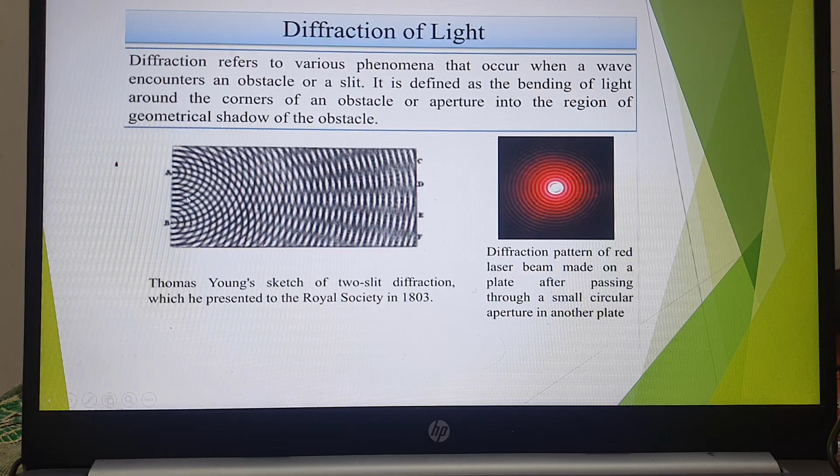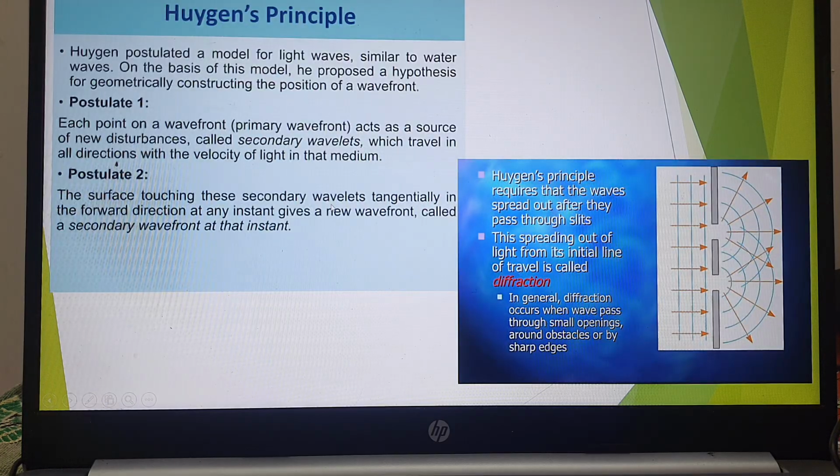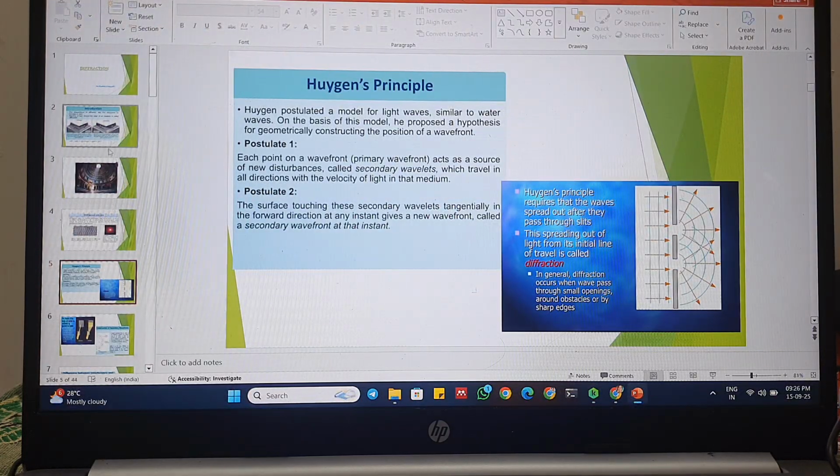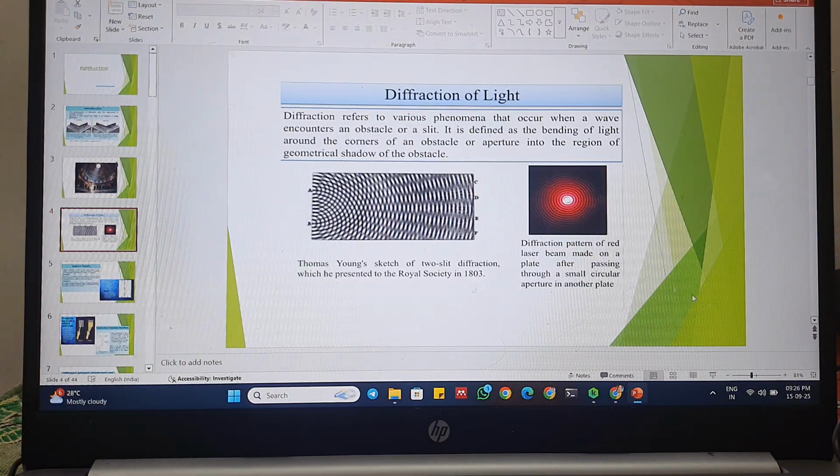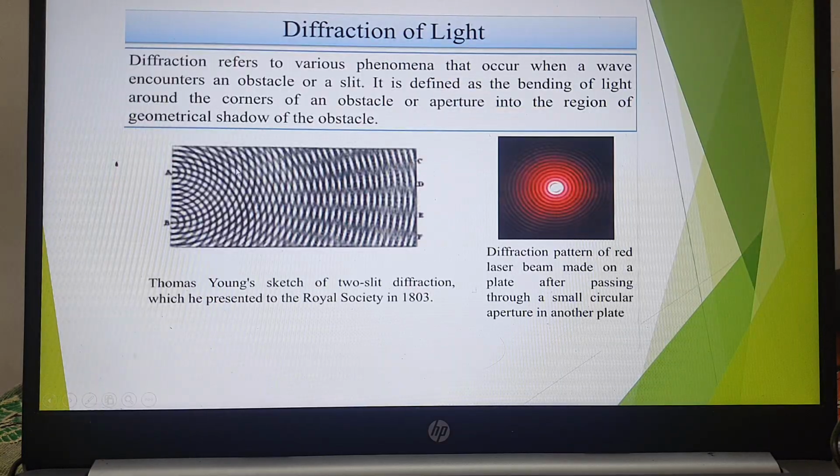Here we can observe the diagram in waveform, the pattern of circular formation.